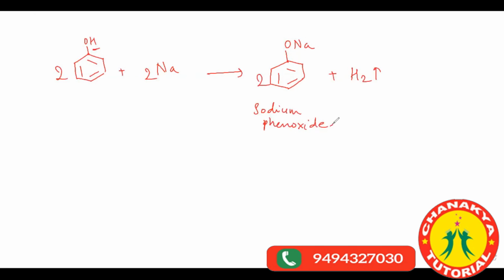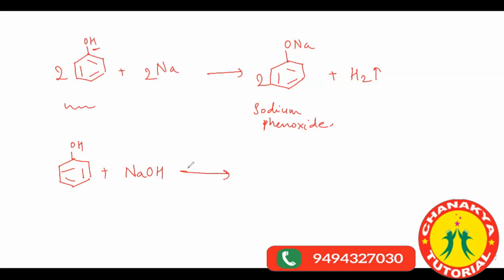This happens with sodium, and not only with sodium. Whenever your phenol molecule reacts with sodium hydroxide, that time also you will get sodium phenoxide. Understanding? Suppose this is your phenol and you react it with sodium hydroxide, NaOH.